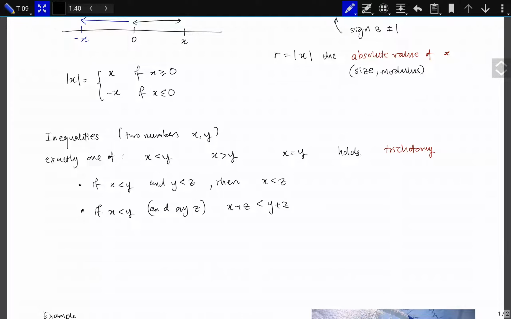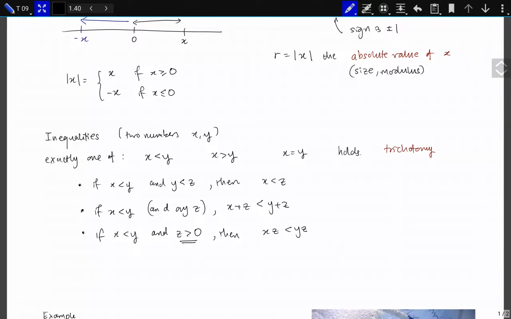You can add two numbers. And if x is less than y and z is positive, then xz is less than yz.